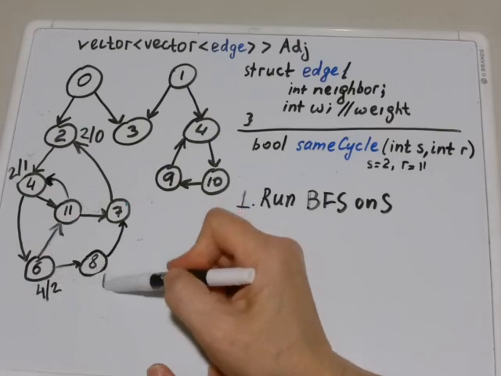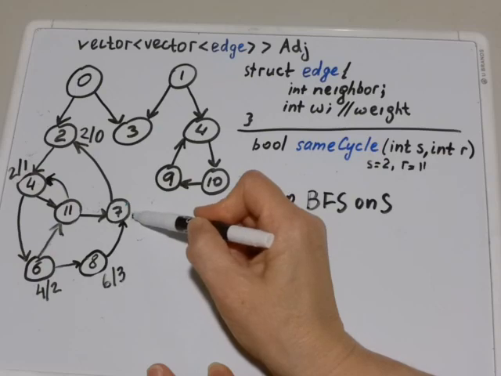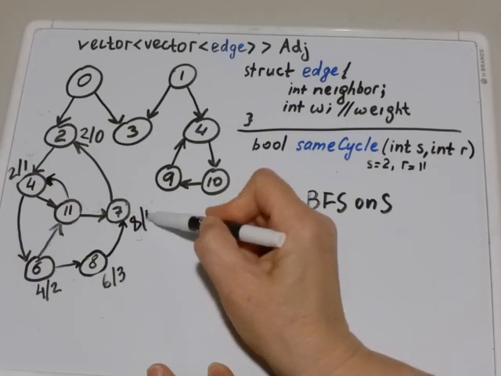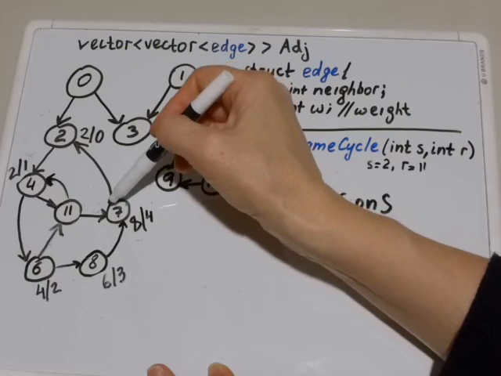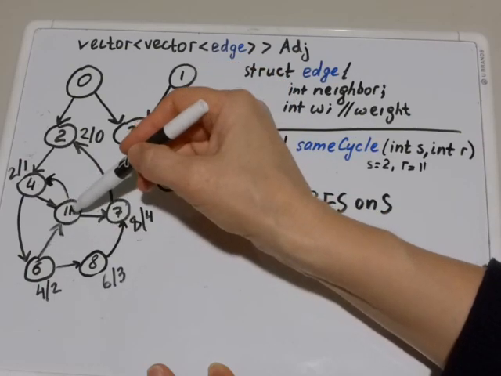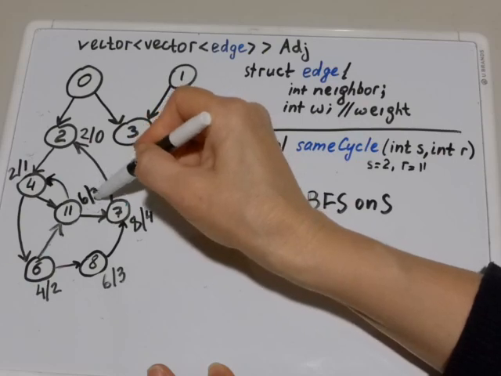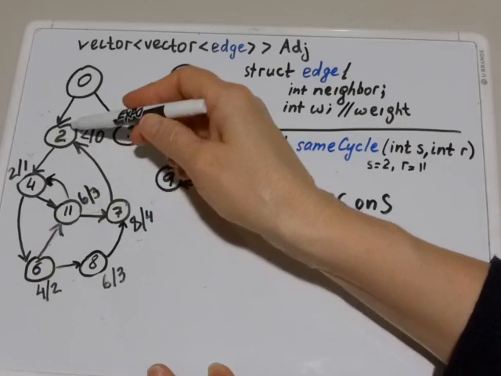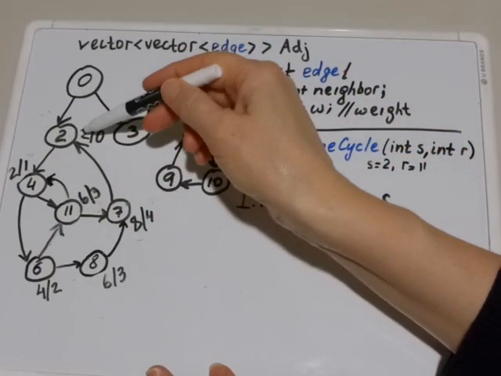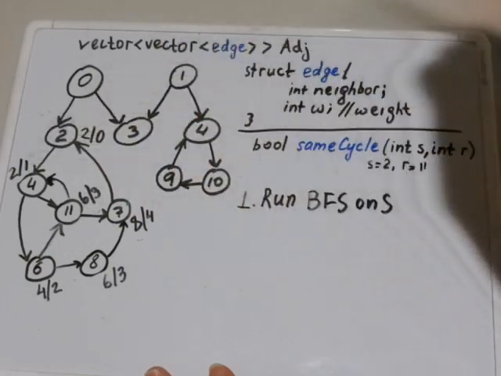Here we have 6, distance is 3, parent is 8, distance is 4. This is already visited, we do not reset it, we return here, visit here, parent 6, distance is 3, and this is visited, so we're done. We return here. This would be our parents, and this would be our distance.